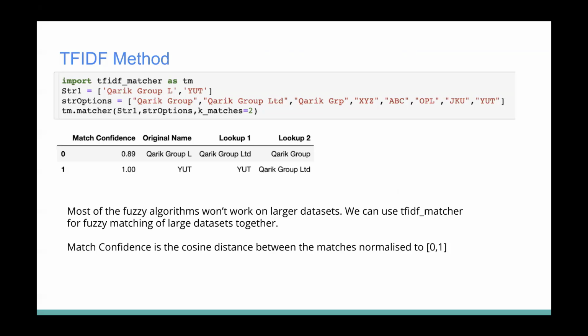That's the first row, where you can see lookup 1 and original name. So they are very close. In the second row, you can see the match confidence is 1 because YUT is the original name, and in our second string options we also have that YUT, the same exact string, so that's why the confidence is 1.